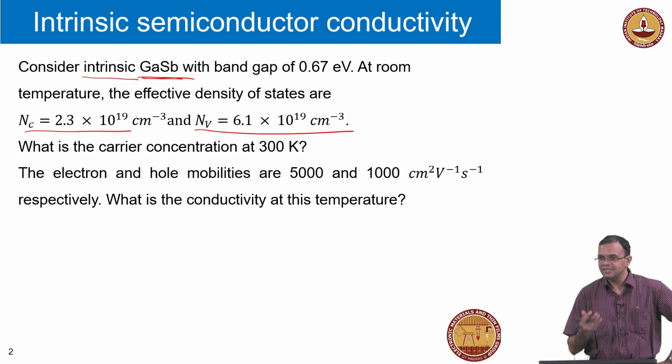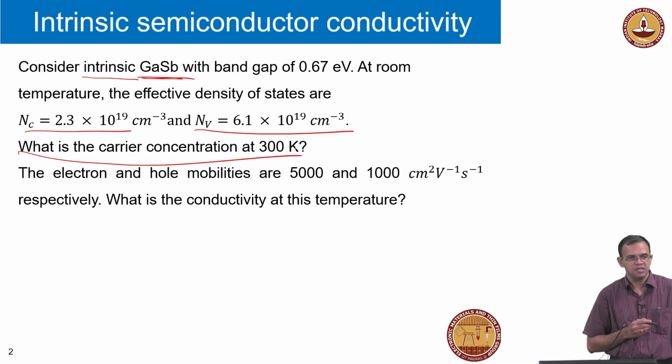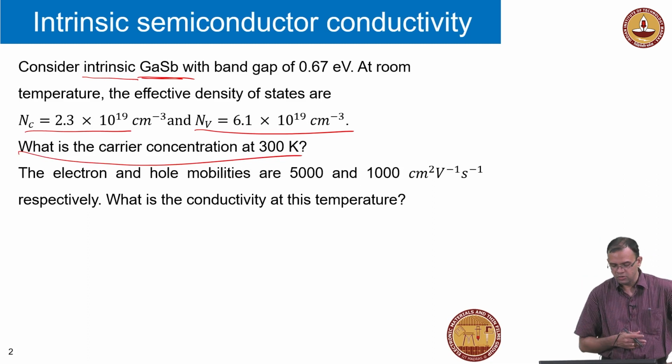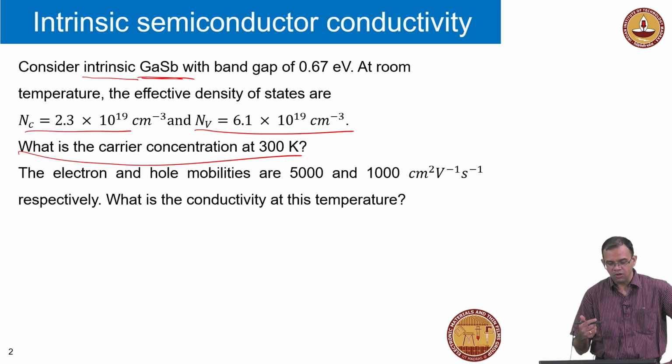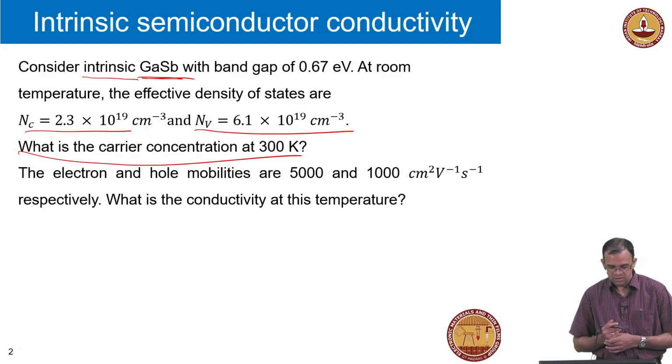Because this is an intrinsic semiconductor, this is nothing but the intrinsic carrier concentration. So we want to calculate the intrinsic carrier concentration at 300 Kelvin, so at room temperature. And given the electron and hole mobilities, we also want to know the conductivity of this semiconductor at room temperature. It's a very straightforward problem and something that you will encounter a lot when dealing with semiconductors.